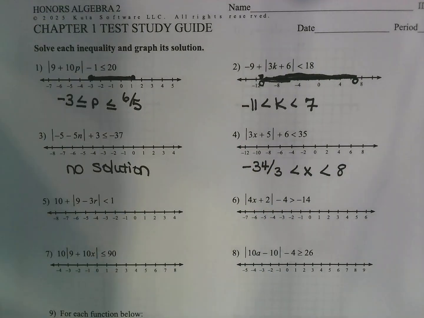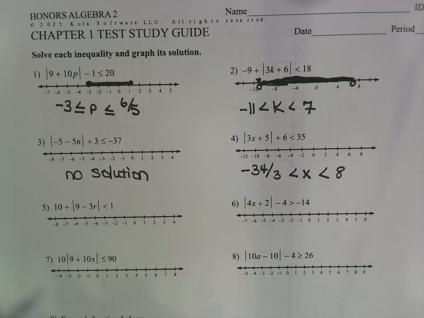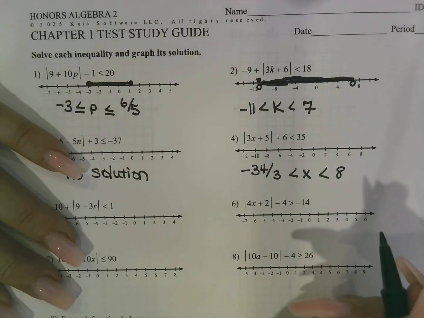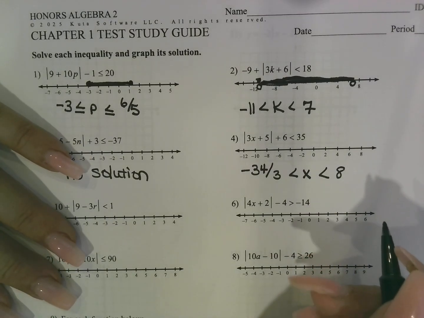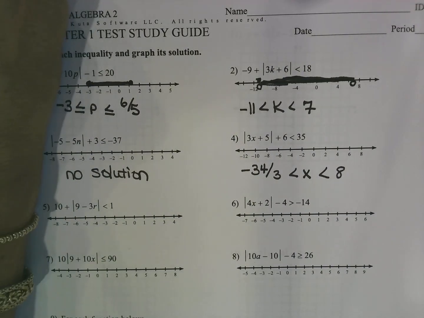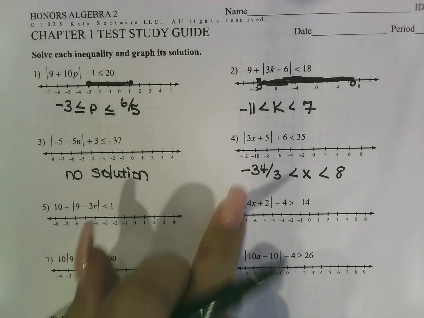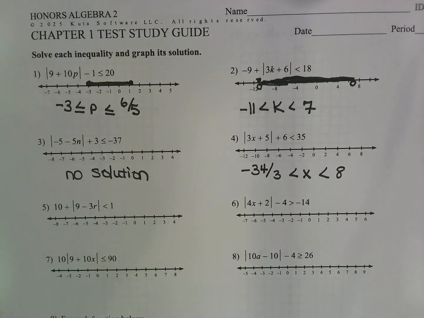Now, when we graph this, 34 over 3, that's going to be 11. 36 would make it 12. So this is 11 and 1/3. Double check that. Sorry. Yeah, that's going to be 34. So this is negative 11 1/3.